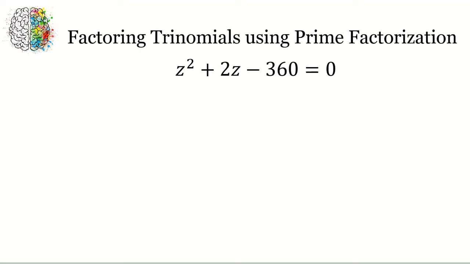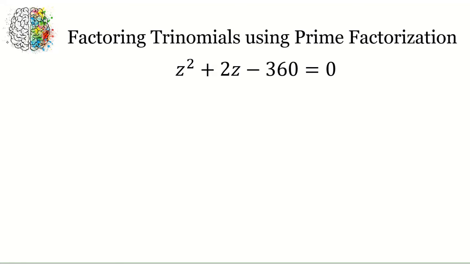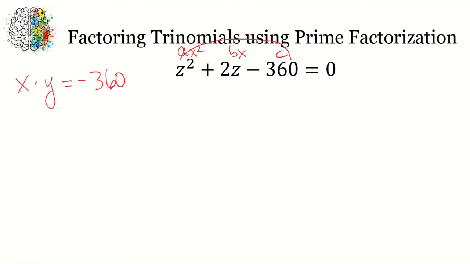So once again, in order to factor this trinomial into a binomial, we're going to look for some factors that, when they're multiplied, the factor of AC is going to equal negative 360, because this is our ax squared and this is our c, this is our bx, and that when these numbers are added together, they're going to equal 2. So that's what we're looking for.